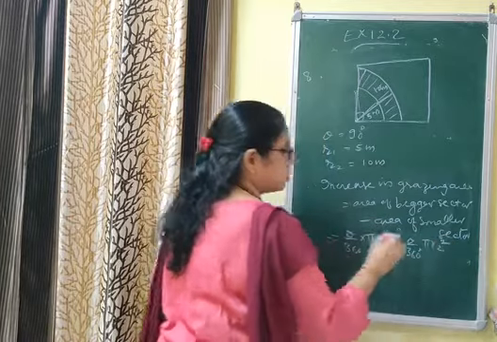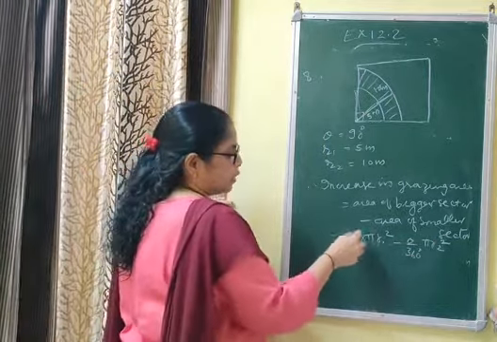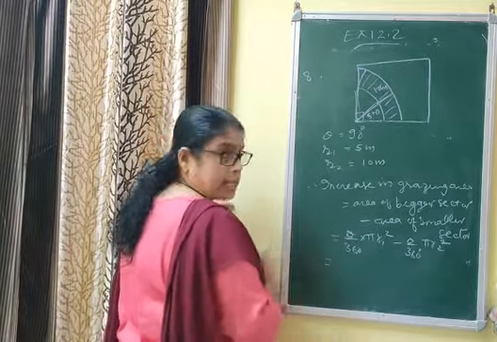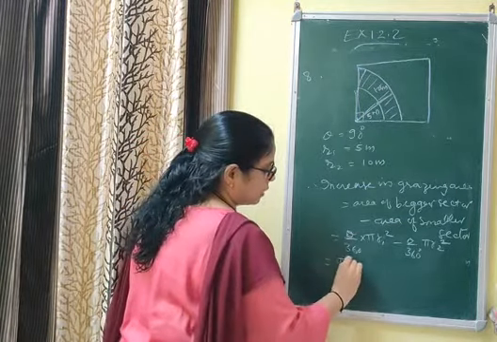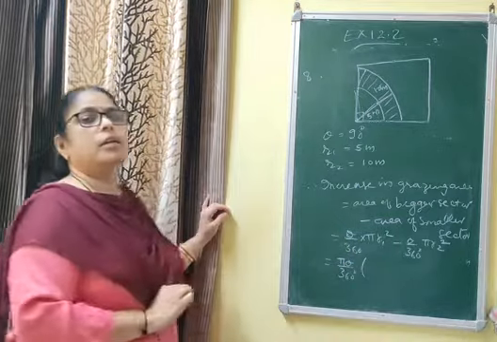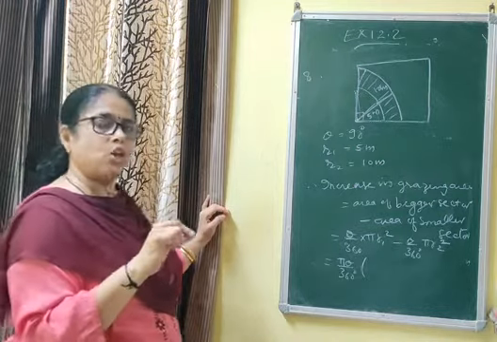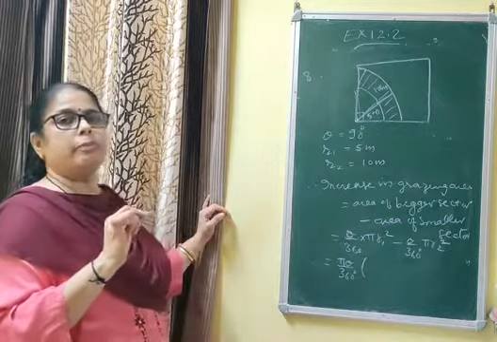Now I am going to show you a simple method. In these two terms, pi theta by 360 is common, so you can take it outside as a common factor. जैसे मैंने कल बोला था, मेंसुरेशन में जब भी आपको फॉर्मूला आएगा, फॉर्मूला को सिंप्लीफाई करके ही वैल्यू पुट करना, ताकि यू विल नॉट मेक एनी मिस्टेक.